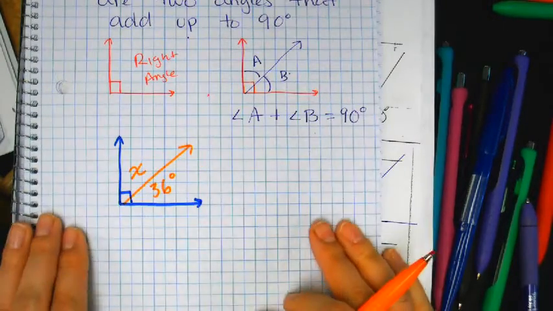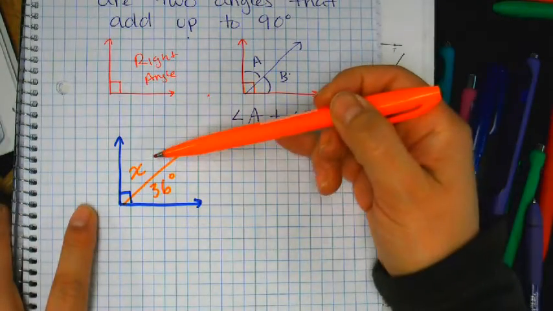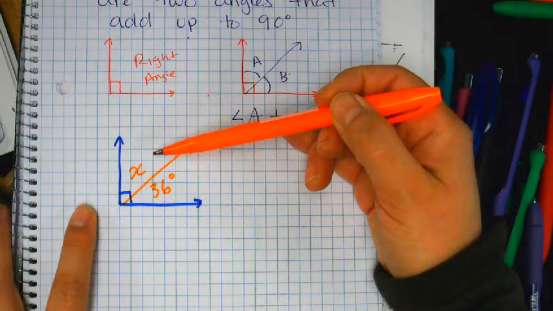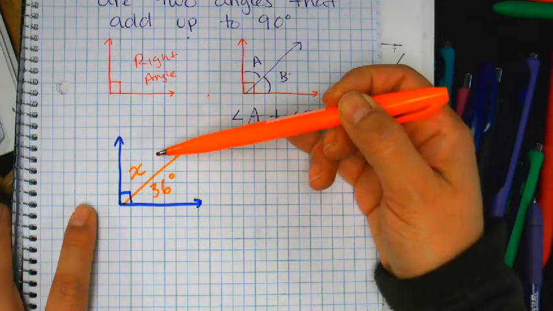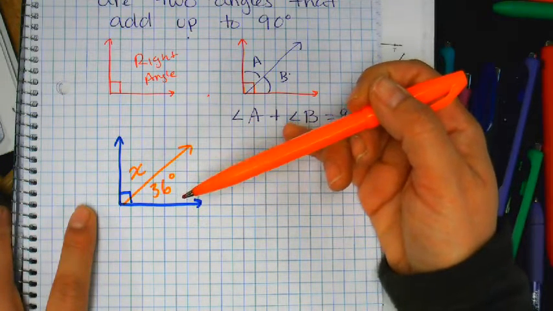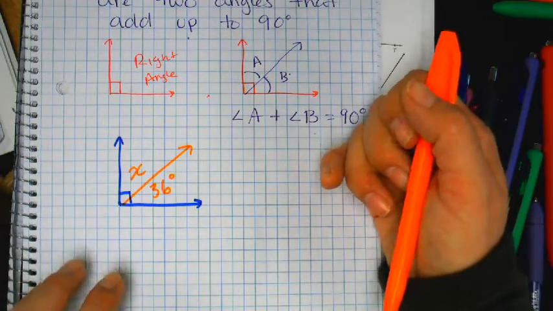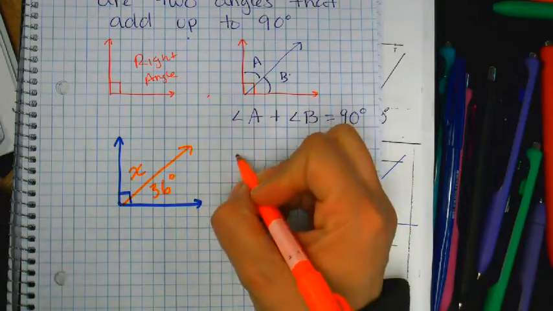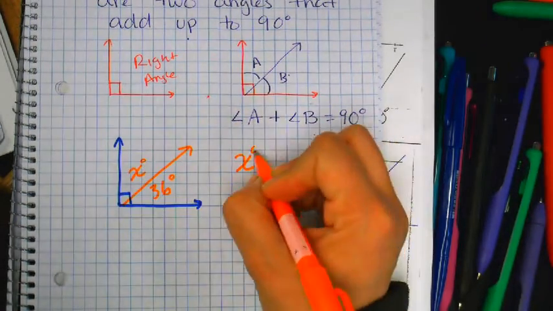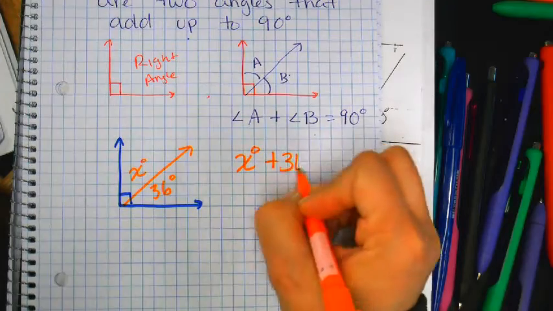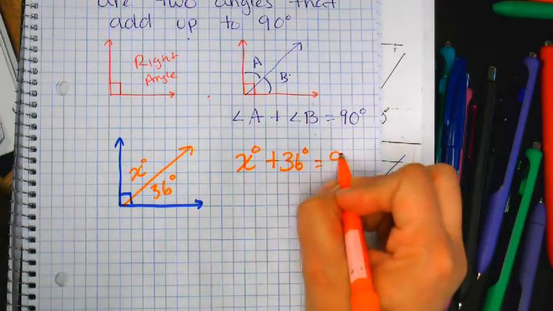So you have this angle with an unknown value of X that you're writing down. I know that angle X plus angle 36 degrees is equal to 90 degrees.